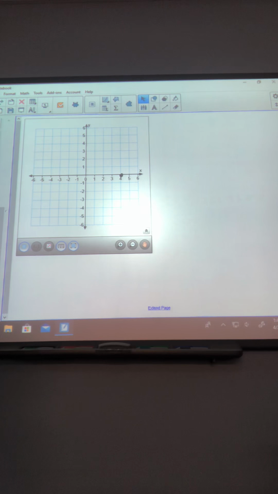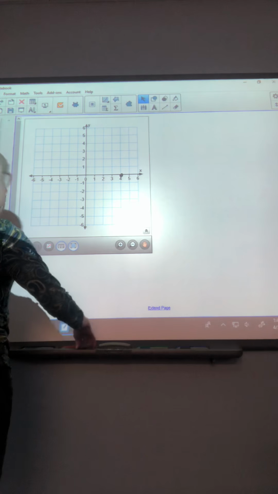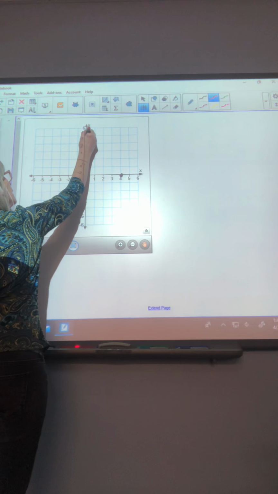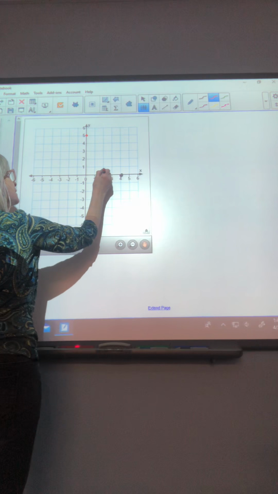Number 1 gives you a red line, and it says for each of these, find the y-intercept and the x-intercept. So if you look at that line, you can see that we have a point here, and we have a point here.